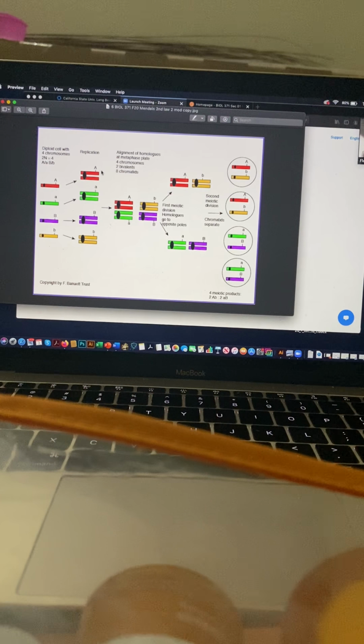That means that alleles, or genes, that reside on different chromosomes segregate independently of genes that reside on other chromosomes. In other words, the A pair segregates independently from the B pair.